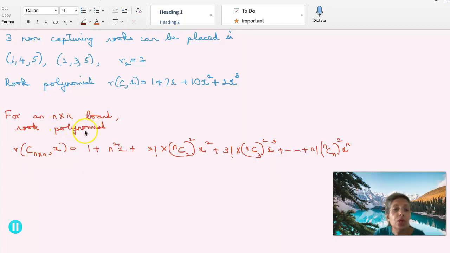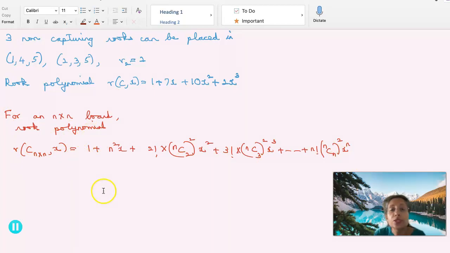So what is the Rook polynomial for an n by n board? 1 plus n squared x plus 2 factorial, 3 factorial, and it goes on up to n factorial. This is nC1 squared, that is n squared, nC2 squared, nC3 squared, up to nCn squared. Then you have x squared, x cubed up to x raised to n. So this is the Rook polynomial for an n by n board.